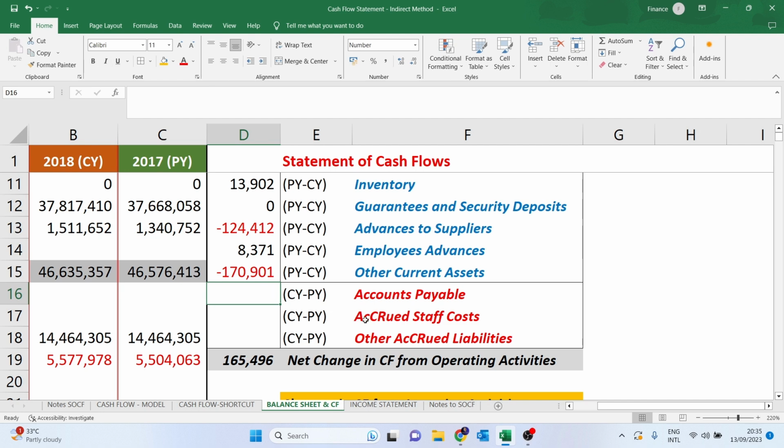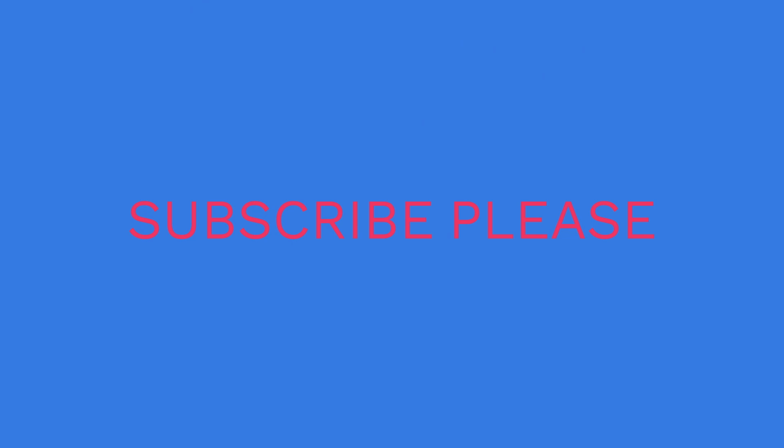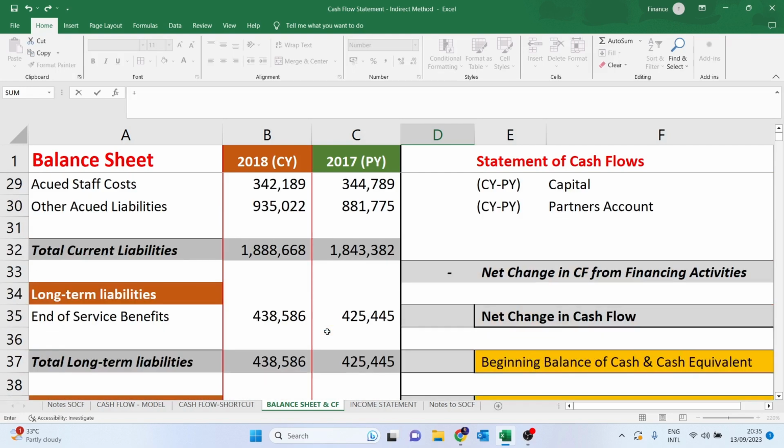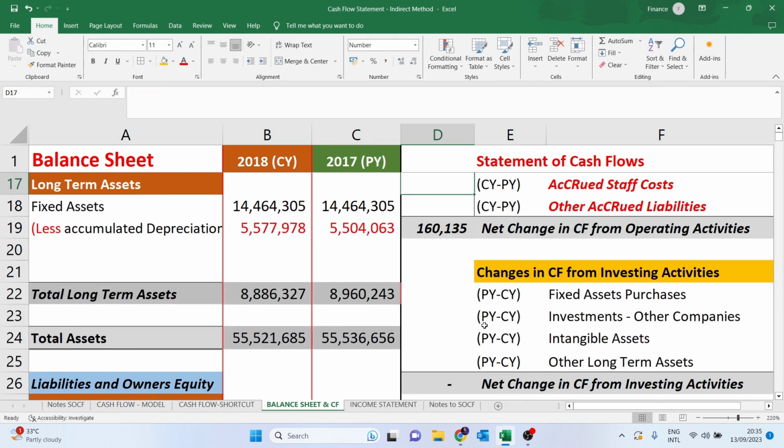Okay, so now for current assets, we have taken previous year minus current year as a formula. Now here for current liabilities, we will just take the opposite. Current year minus previous year. Okay, so this accounts payable, you can see the trade payable, yeah, current year minus previous year.